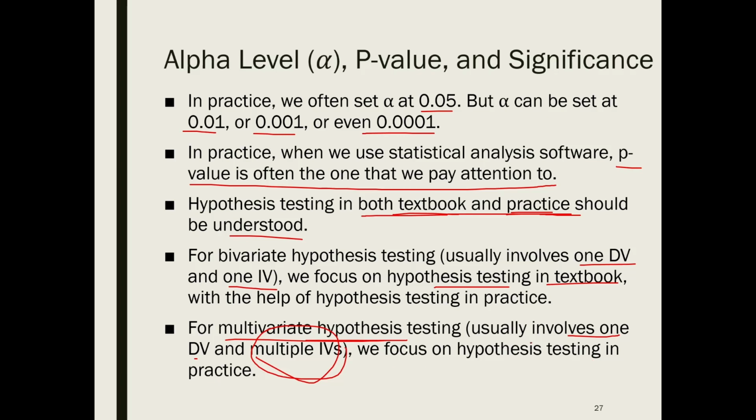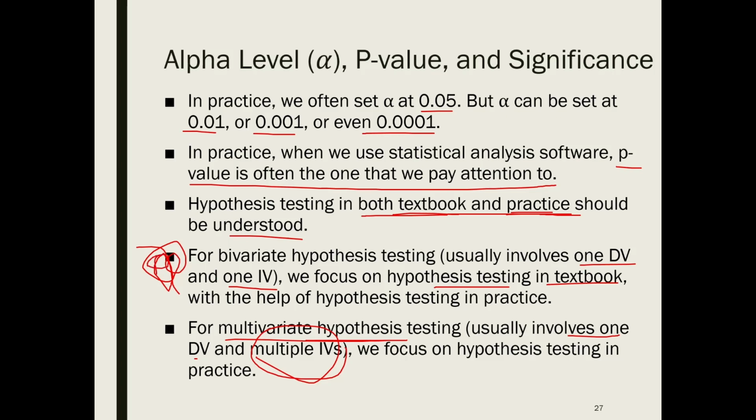The first one is not really common to see in criminology, criminal justice, or maybe sociology, because it only involves one dependent variable and one independent variable.